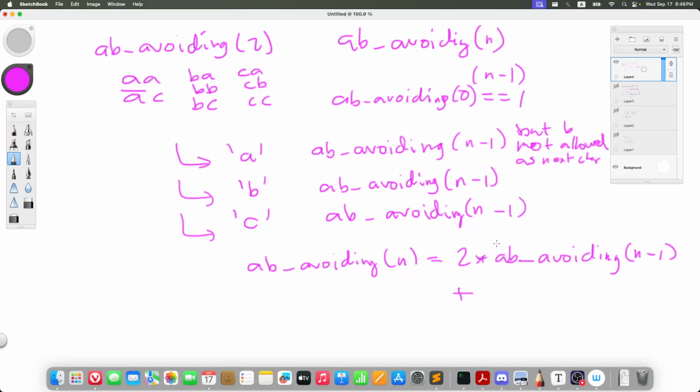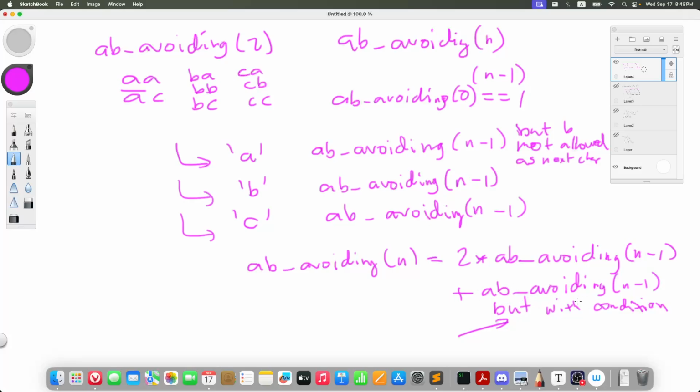But we need to add the AB avoiding n minus 1, but with a condition that we cannot choose B as the first character for this length n minus 1 string. So how would we include this condition in the recursion?